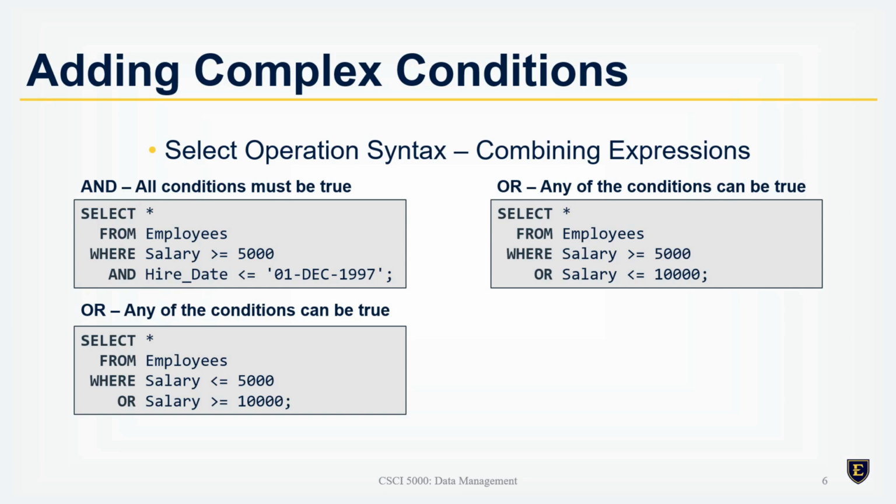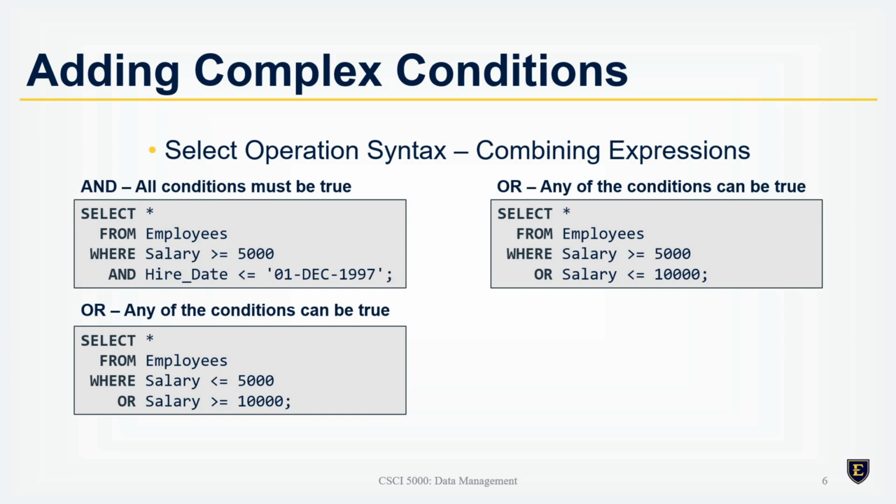A salary of 12,000 would make that condition hold true. Or a salary less than or equal to 10,000, say 4,000, would be true there. So what this is actually saying is that the whole range of salaries is possible in this query, so really the where clause doesn't do much for us.